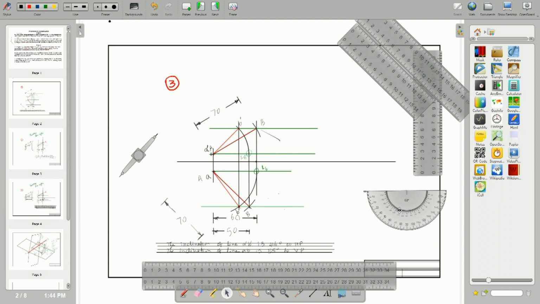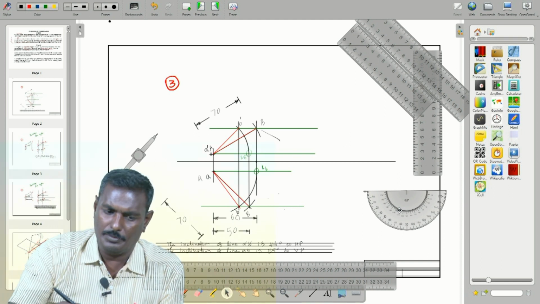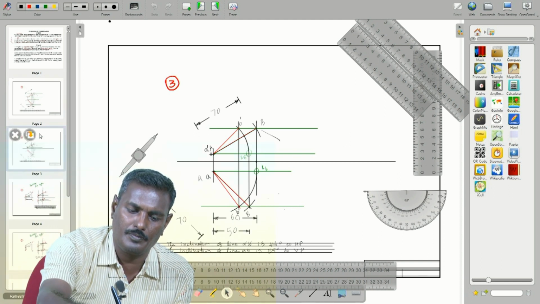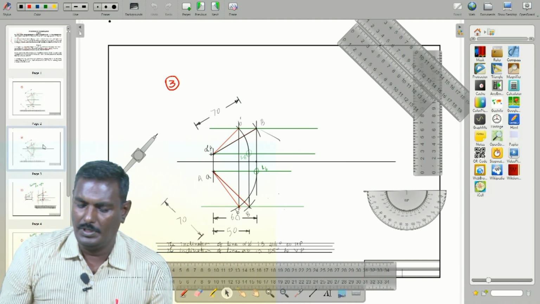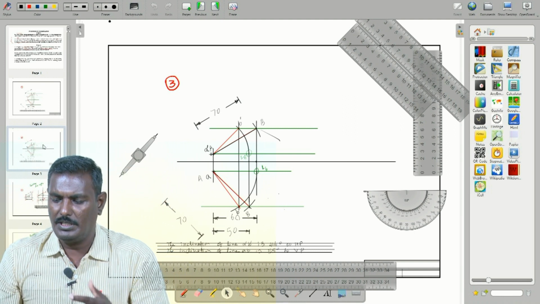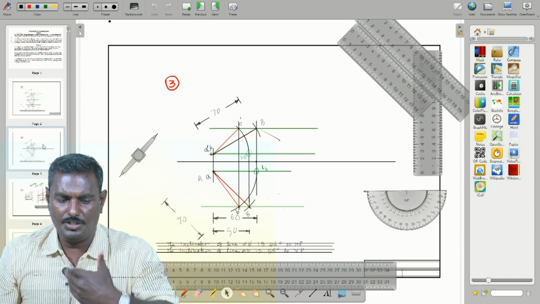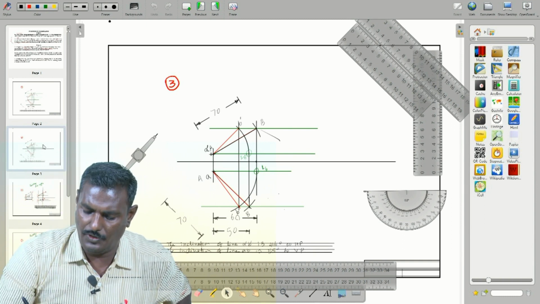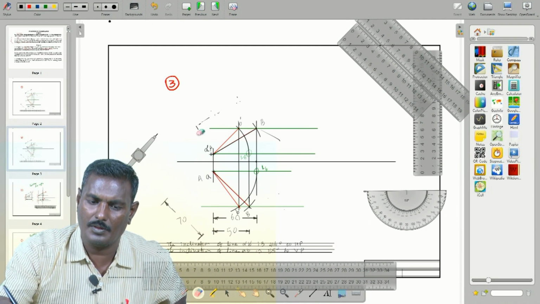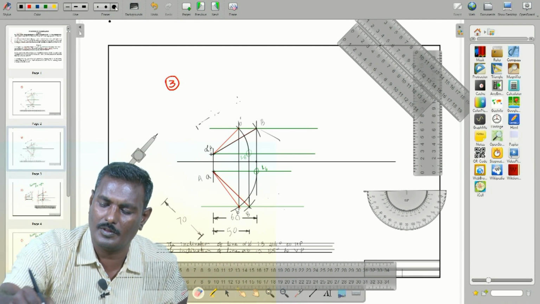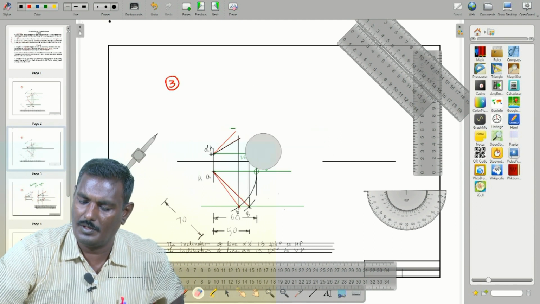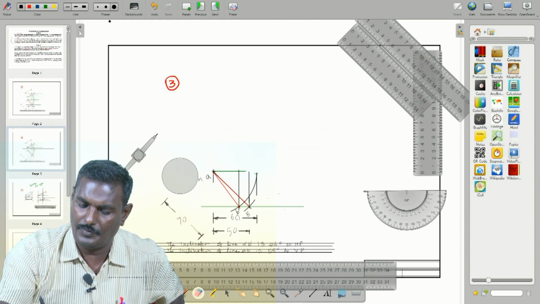By this way only we have to complete the projections and the details for particular problems. So now we move on to the next problems. Here I just rub all and repeat again, rubbing all the cases.